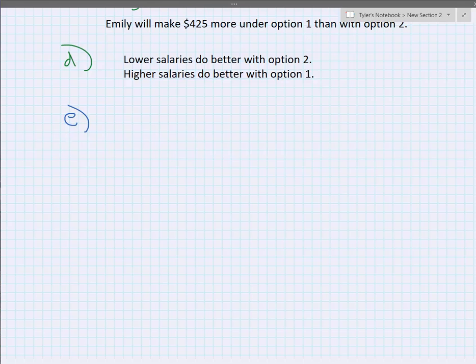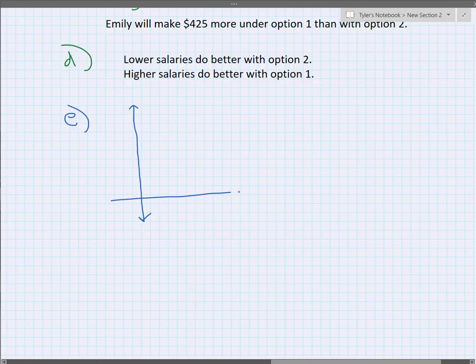The 3.5% and the 5%, which would be the slopes of the lines, are so close that it's hard to see with that graphing utility. These aren't going to be to scale; they're going to be a little more emphasized.